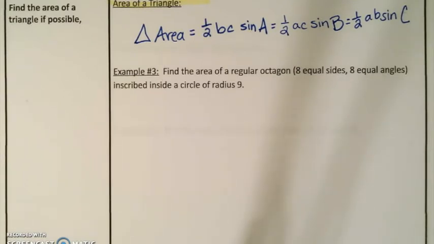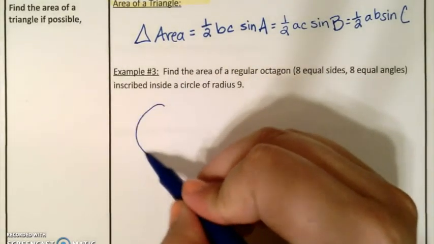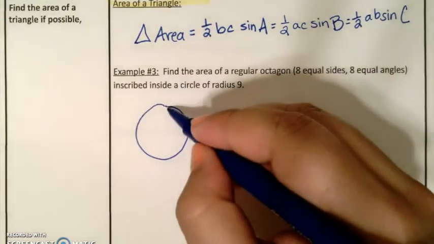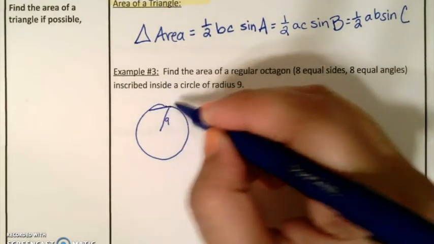Find the area of a regular octagon, 8 equal sides with 8 equal angles, inscribed inside of a circle of radius 9. So we have a circle whose radius is 9, and inside of this circle is an octagon.